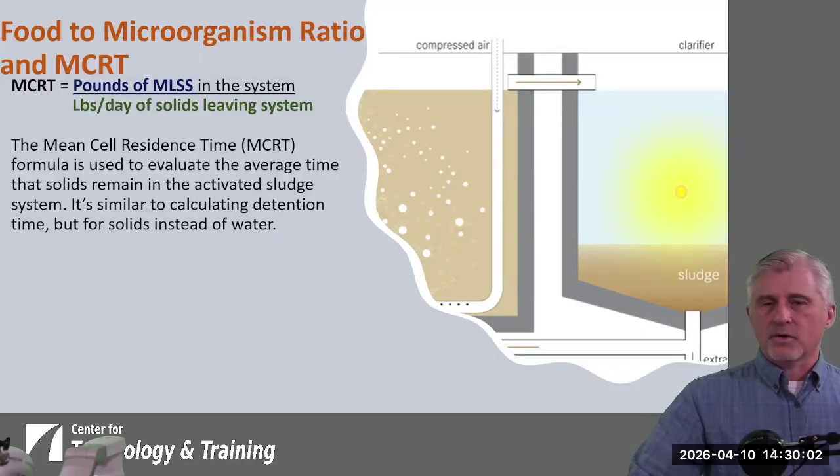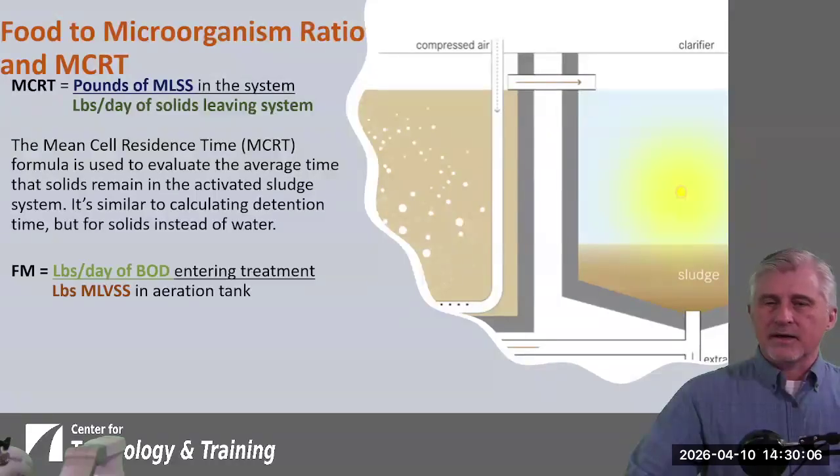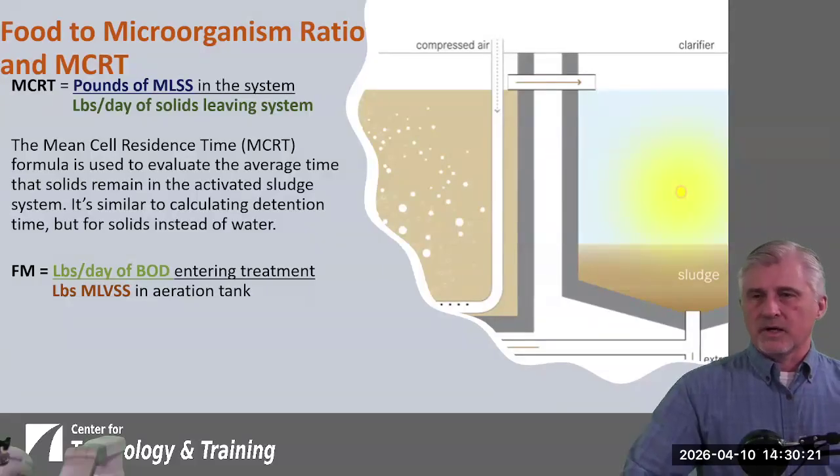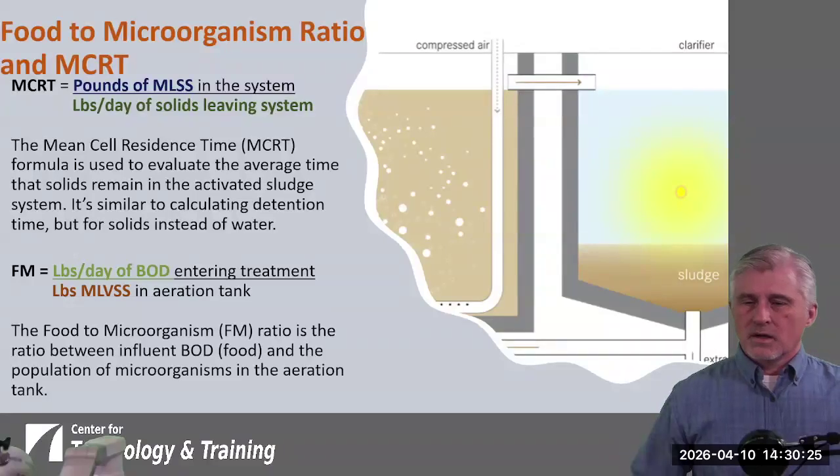Now, the food to microorganism ratio is the pounds of BOD that are entering treatment divided by the pounds of mixed liquor volatile suspended solids that are in the aeration tank. So the food is the BOD, and the organisms are in the MLVSS. That ratio is important to how we process.